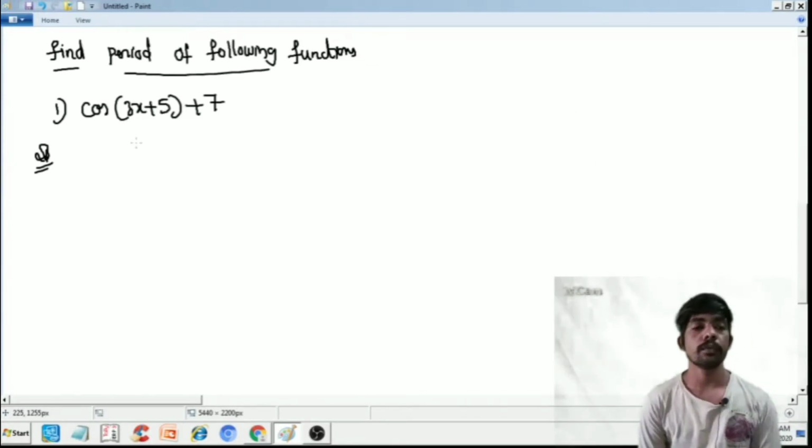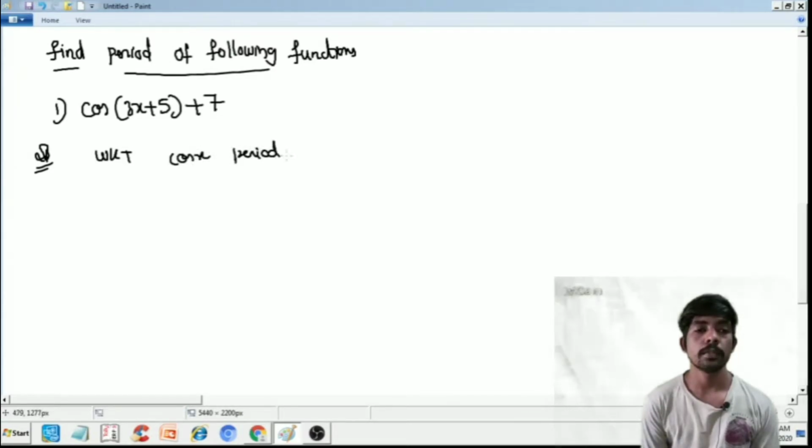Here we have one question. Find the period of the following function. First question: we know that the period of cos x is 2 pi. The period of cos of ax plus b is 2 pi by modulus a.